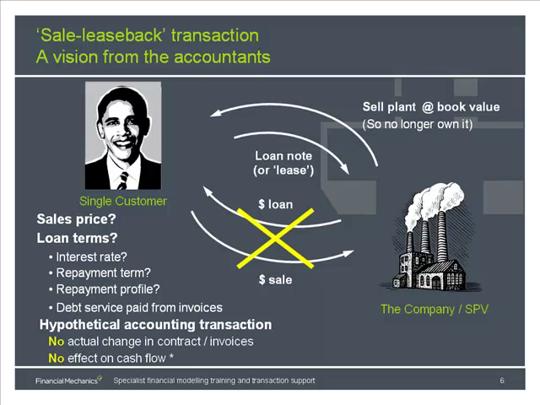And hence it would, in theory, have no effect on cash flow, except with the provisos that we aren't going to talk too much about today.